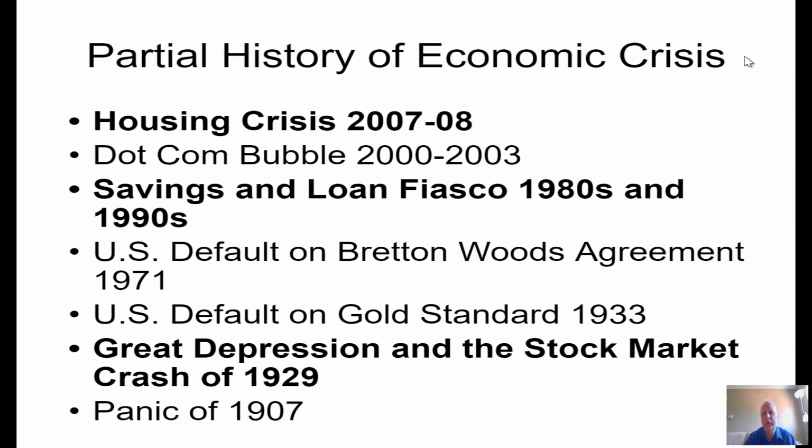There have been many economic crises in U.S. history. Going backwards in chronological order, we can consider the housing crisis of 2007 and 8, the bursting of the dot-com bubble from 2000 to 2003, the savings and loan fiasco of the 80s and 90s, Nixon defaulting on the international gold standard, Bretton Woods, in 1971, FDR defaulting on the domestic gold standard in 1933, the Great Depression and the stock market crash, which went from 1929 to 1933, and the excuse for creating the Federal Reserve, which is the Panic of 1907.